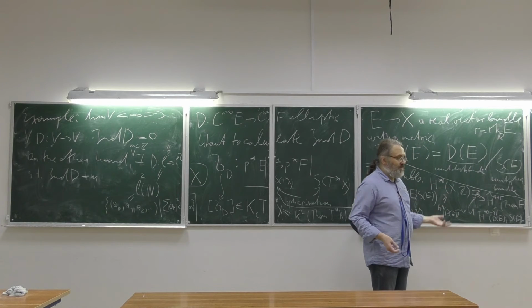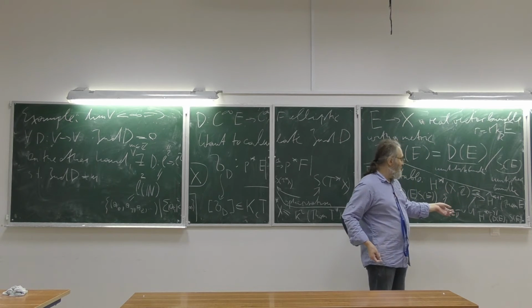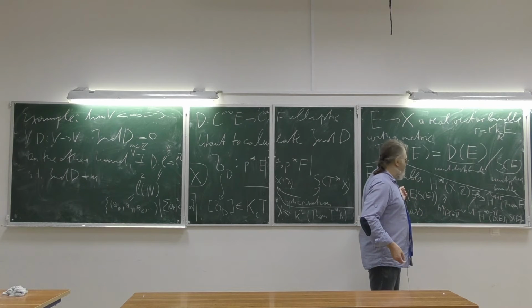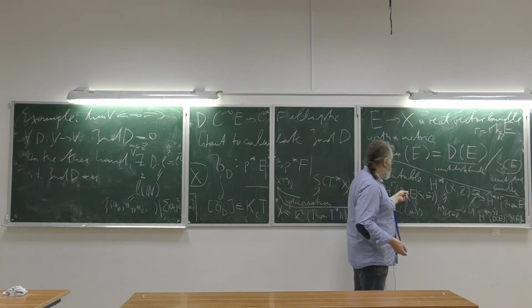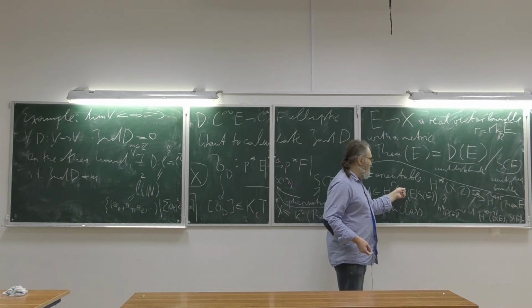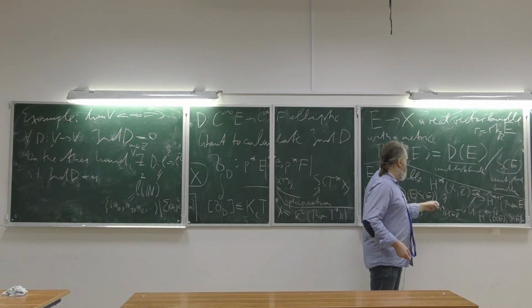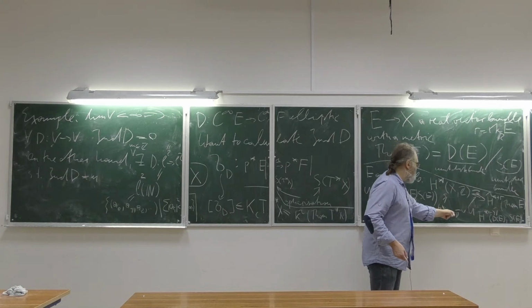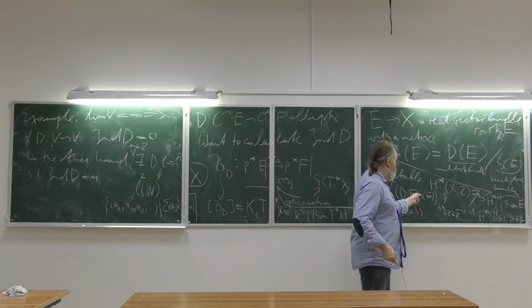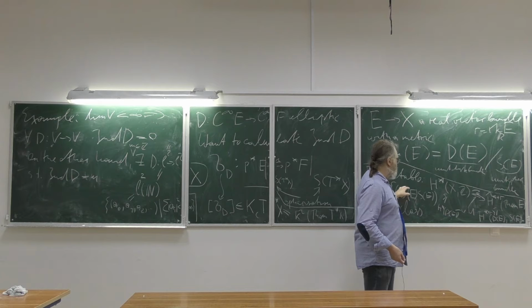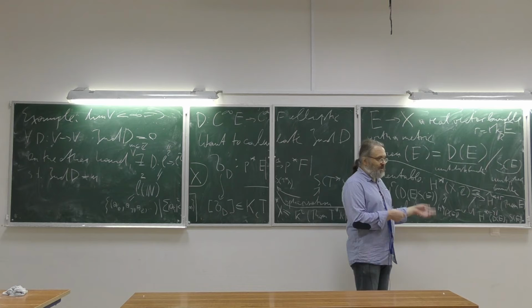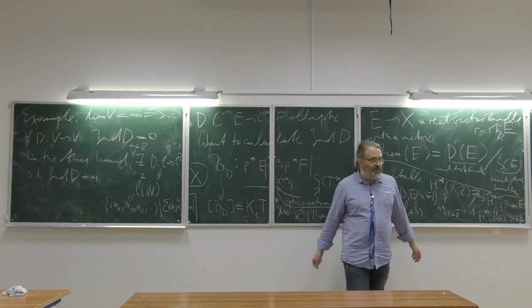The disk bundle is homotopy equivalent to X. Now I have a class here, the disk bundle mod sphere bundle. When I take a class here, cup it with a class here, I get another class in the relative cohomology of the disk bundle modulo the sphere bundle.